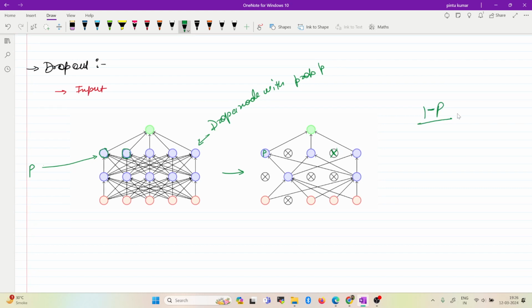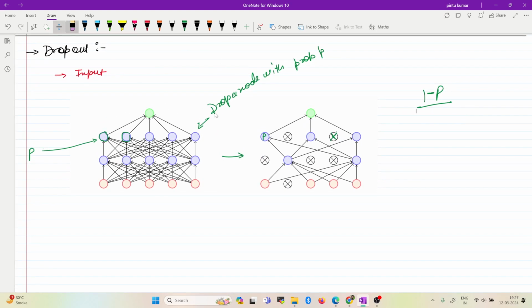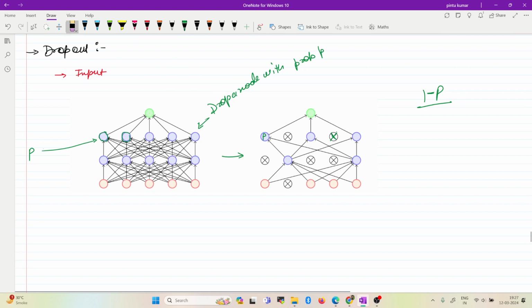So what I have written is drop a node, but I will be discussing it from the perspective of preserving a node. So I'll preserve a node with probability p. You can also drop input nodes. That would reduce your number of features and help you overcome overfitting.